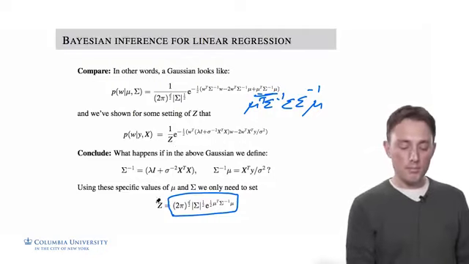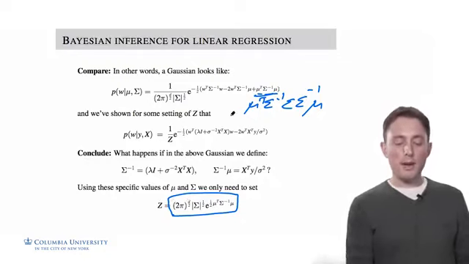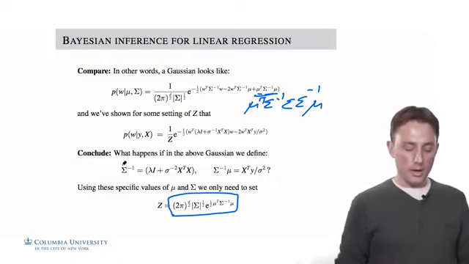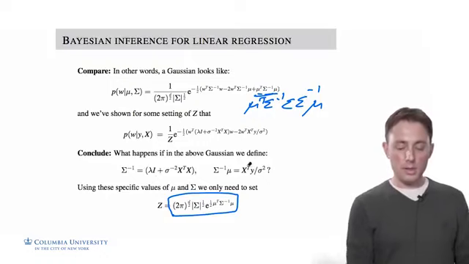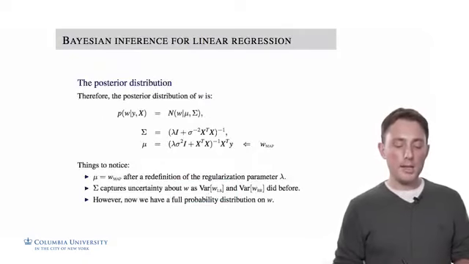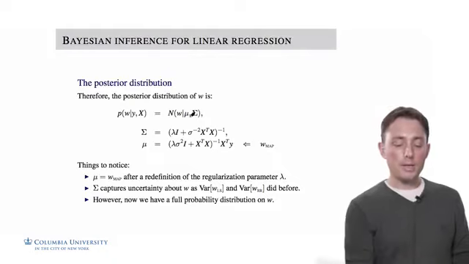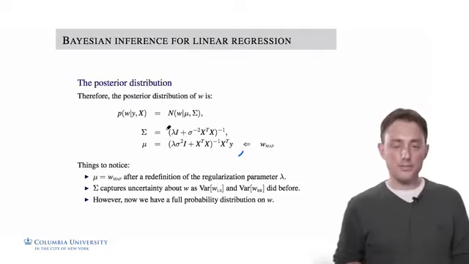We can plug in this for z, then solve and simplify the result to be a Gaussian with covariance equal to the inverse of this, and with the inverse covariance times the mean equal to this. In other words, the posterior of w, given data y and x, is a Gaussian with mean equal to this and covariance equal to this.